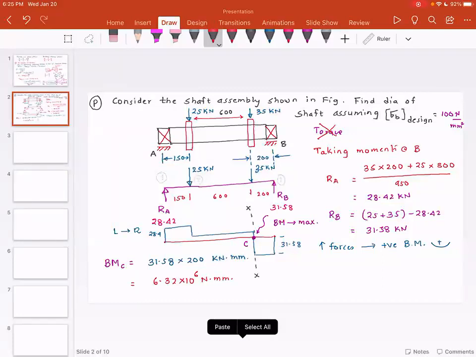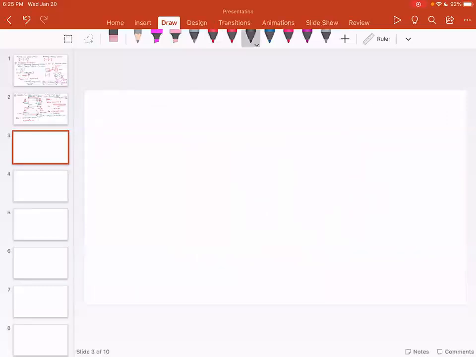Now I'm going to use this bending moment in the bending equation. The bending equation is the fundamental equation of bending: M divided by I is equal to F or sigma divided by Y. M is the bending moment, which is 6.32 times 10 to the power 6.